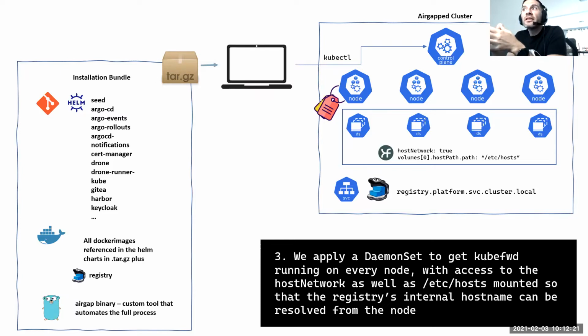So once we have done that, the container runtime at the node level can resolve the host name of the registry running inside the cluster. So if you basically pull an image at node level, you can fetch it from the container registry running in the cluster using the cluster internal service name. Okay. So at this point, we are able to pull images from the registry at the node level.